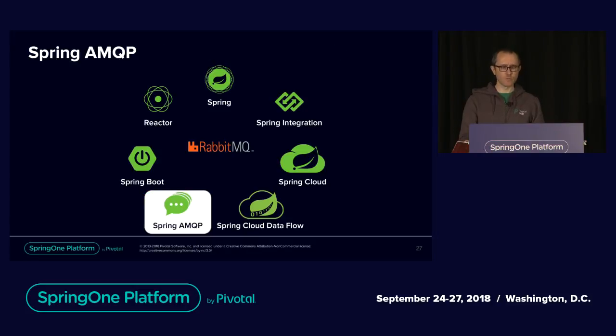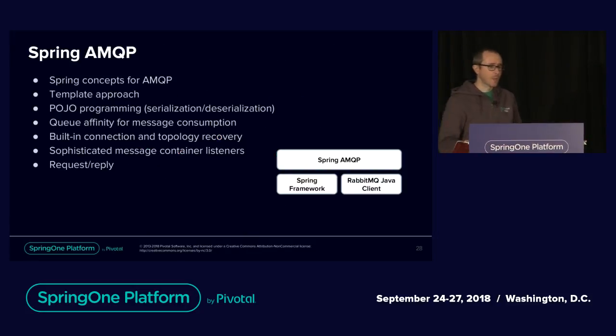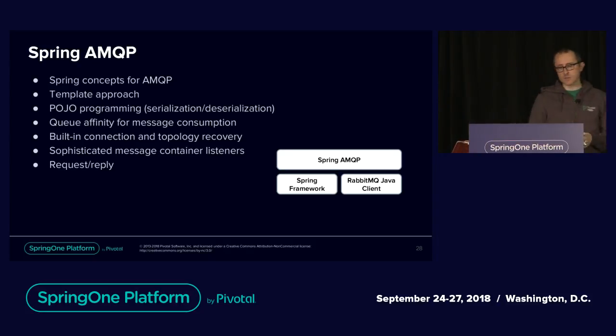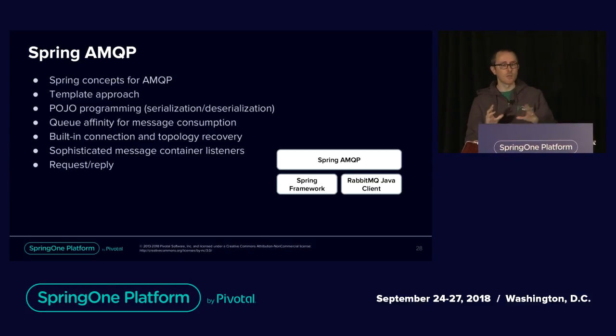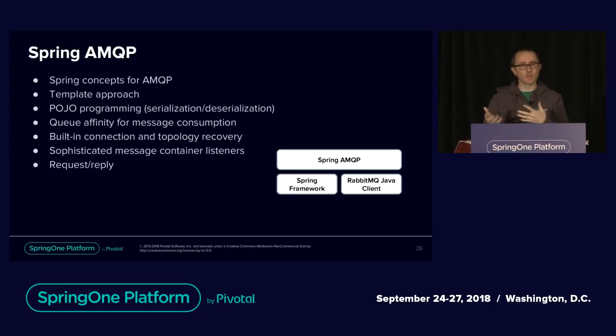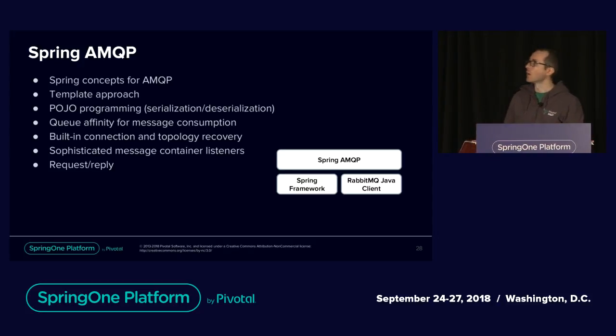So let's start with Spring AMQP. Spring AMQP brings Spring concepts to AMQP. For example, the template approach, focusing on sending and publishing messages and not really caring about resources. This is handled by Spring AMQP, so you focus on what matters for your application.